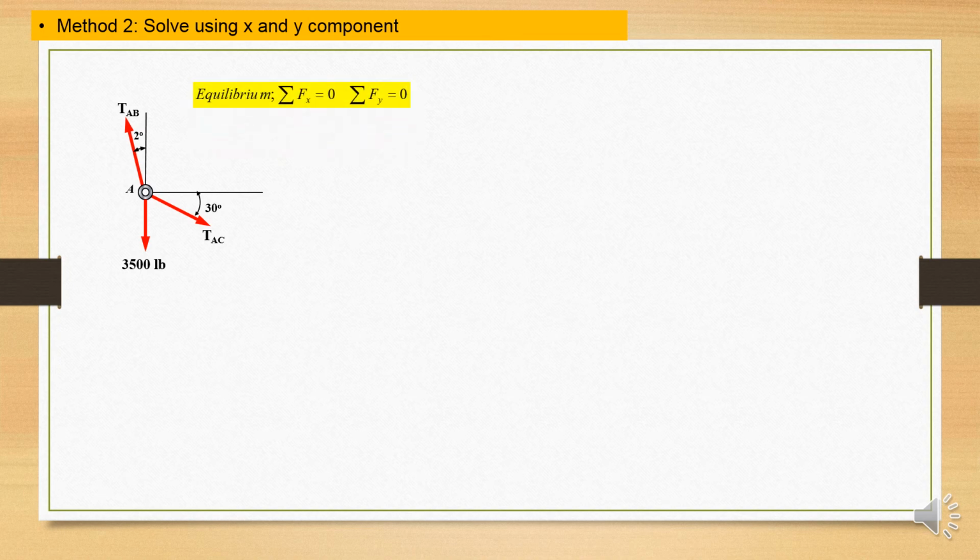If the particle at A is considered in equilibrium, it means that the summation of Fx will be 0 and the summation of Fy will be 0.